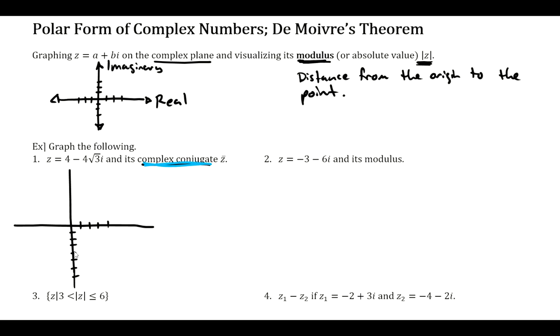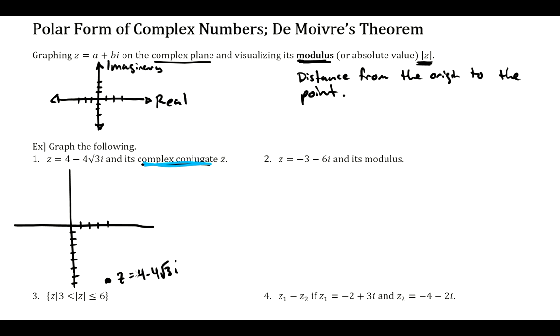So 1, 2, 3, 4, 5, 6, 7, maybe about there. Because I'm saying radical 3 is probably about radical 4, I'm just rounding. So it should go down that amount. So that's where that z is. So 4 minus 4 radical 3i is about there. So we can see it's in quadrant 4.